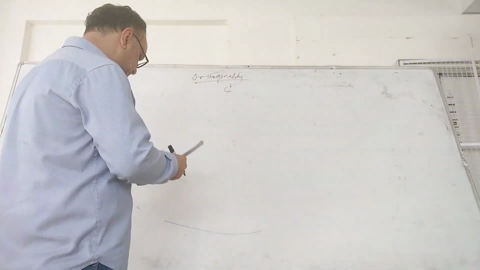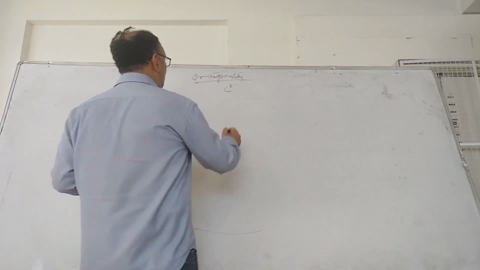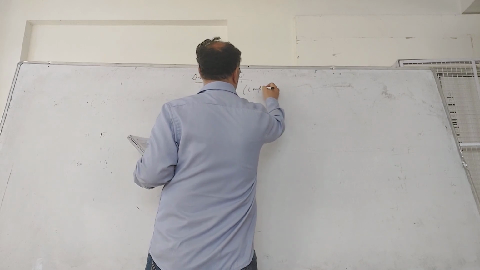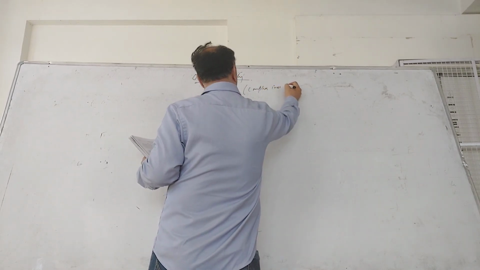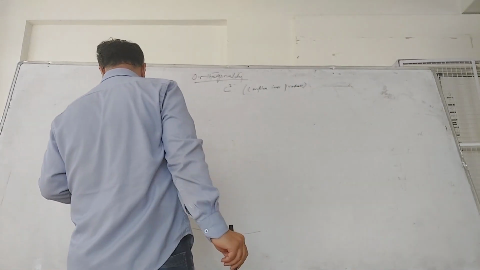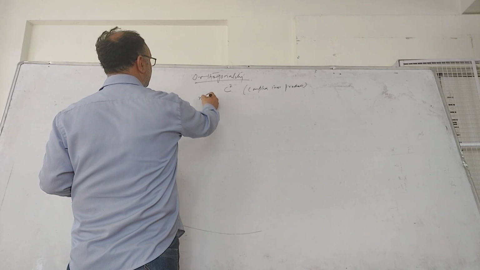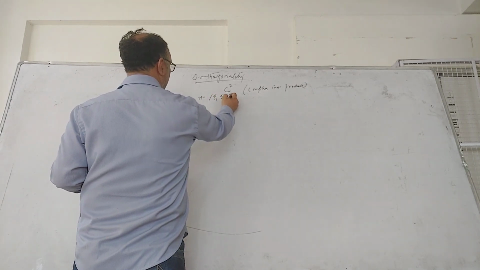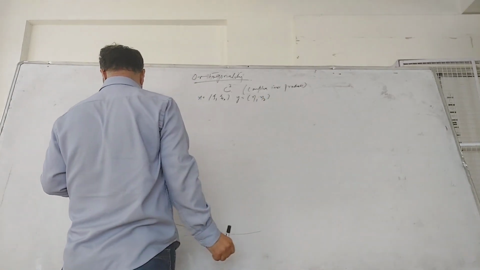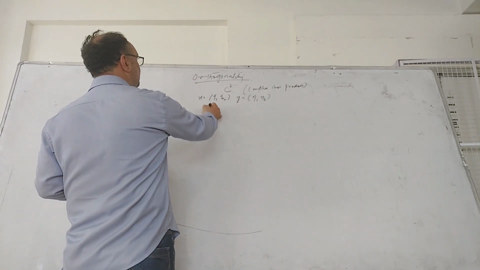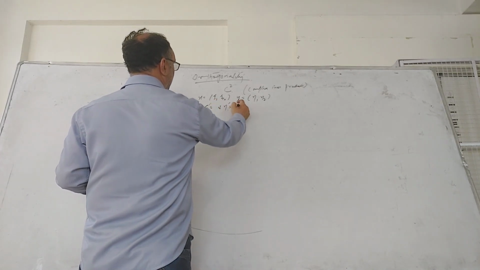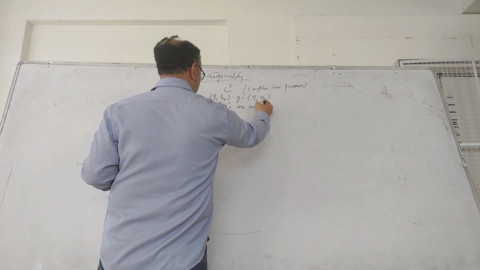So in that sense, we come to complex inner products. Again, we will define x in terms of zeta 1, zeta 2, and y in terms of eta 1, eta 2, and the zetas and etas are complex numbers.